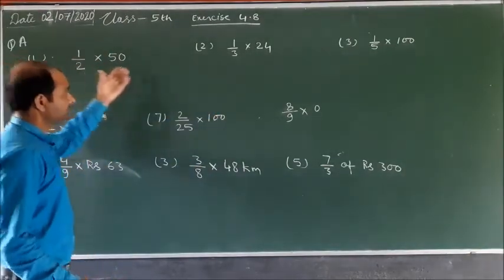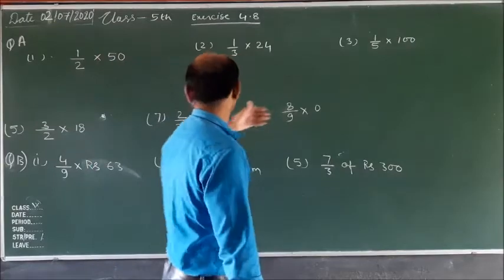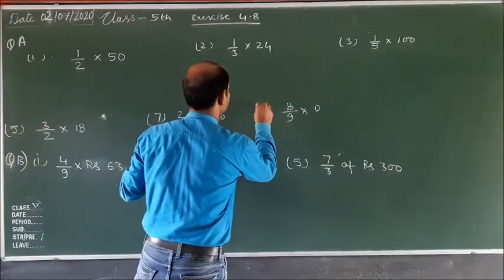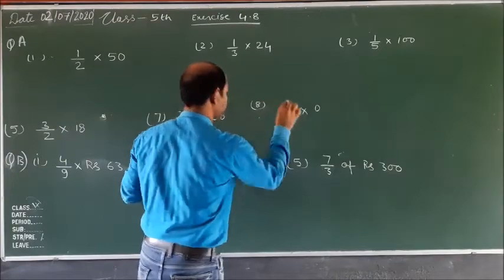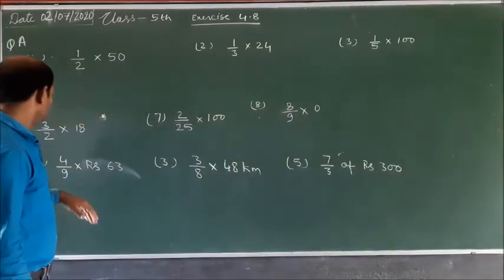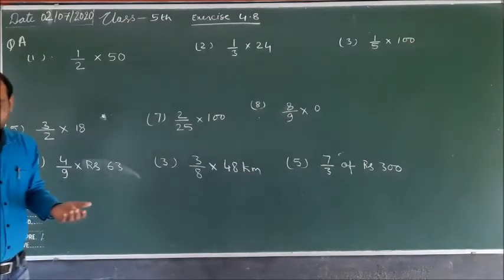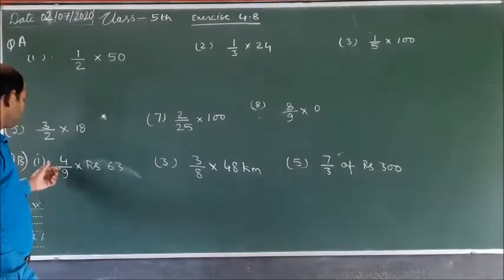So the first question, second, third, fifth, seventh, and eighth question. Now, my dear students, question number B is also multiply 4 upon 9.